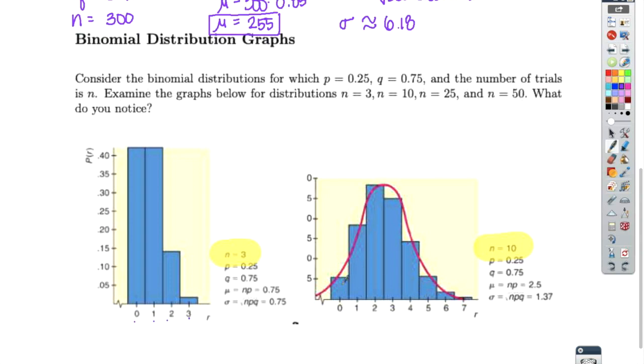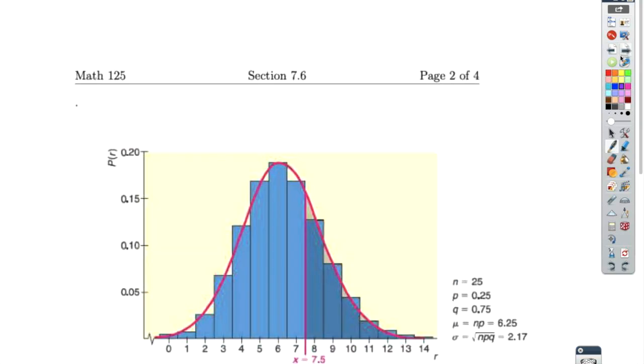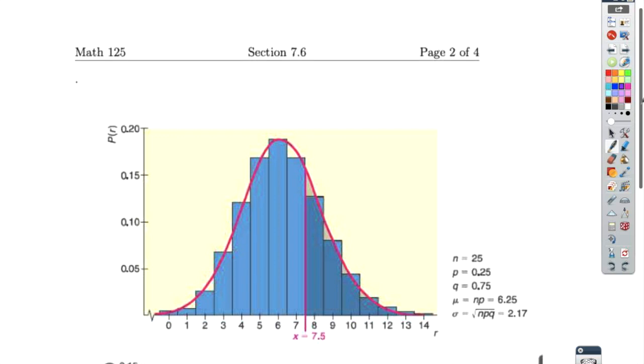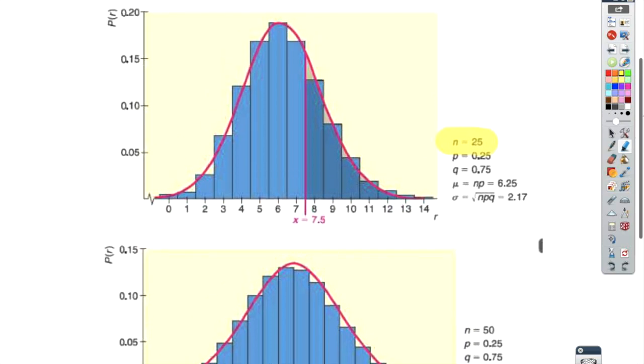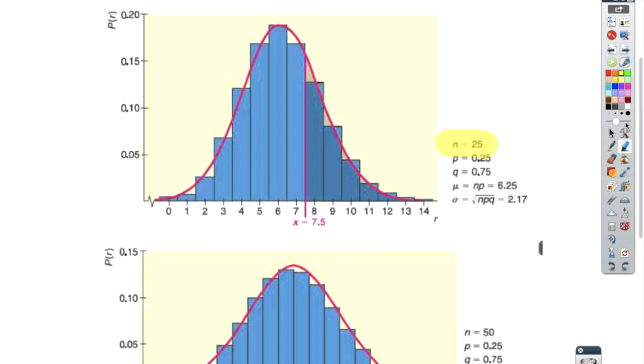It's got the highest point in the middle, and then it trails off on both sides. Now, if we flip to the next page, again, we're increasing the number of trials. So now on this third graph, the number of trials is 25. And so you'll notice this should look a little bit more normal to you.